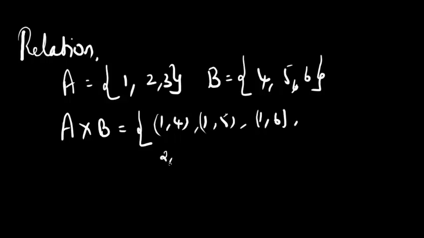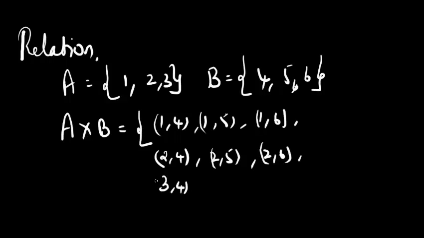So going further, I have 2, 4, 2, 5, 2, 6, and 3, 4, 3, 5, and 3, 6. Now these are the ordered pairs belonging to this particular Cartesian product A cross B.